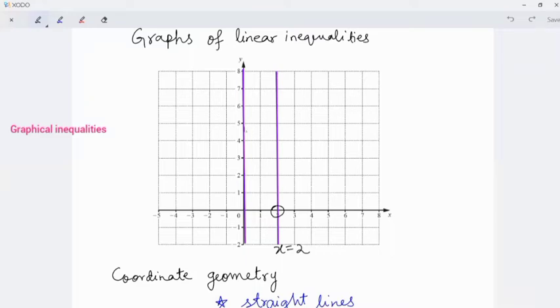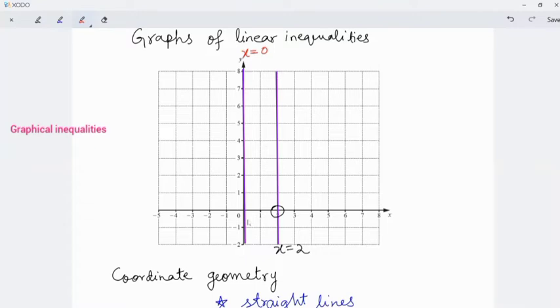We can say the value is just 0. So on the y-axis, the equation of the line is x equals 0, because the value of x at each and every point on the y-axis is 0. This is the concept I wanted you to understand quite easily through this. I hope all of you understood this.